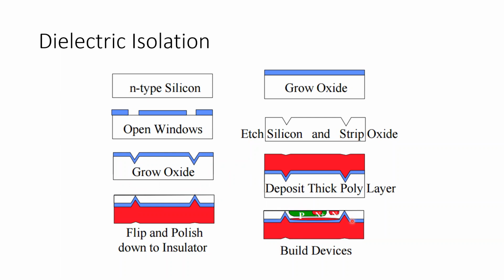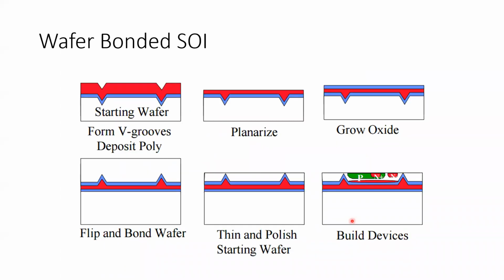Then we have the wafer bonded SOI, which is similar to the dielectric isolation. Starting with a wafer, deposit the oxide, deposit the poly, planarize the polysilicon, and deposit another oxide. Then flip the first wafer and bond it to another silicon wafer.